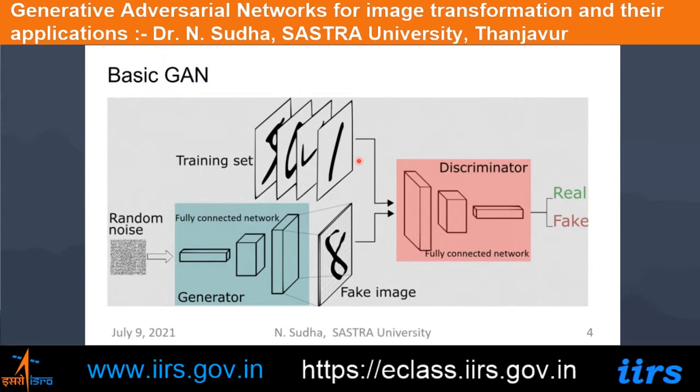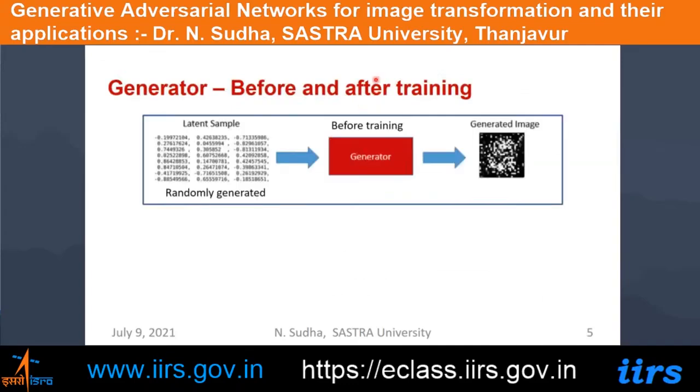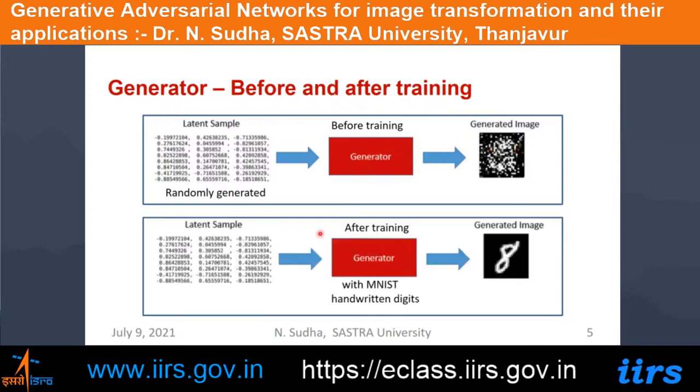When you consider the generator before and after training, before training, when the input is a noisy image, the output is also another noisy image because it is not trained properly. But after training, it will generate an image close to the data set it was trained for.